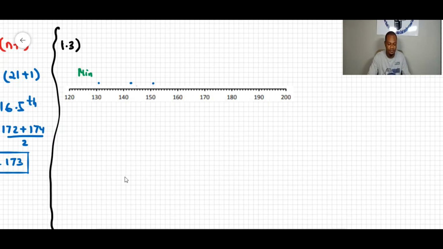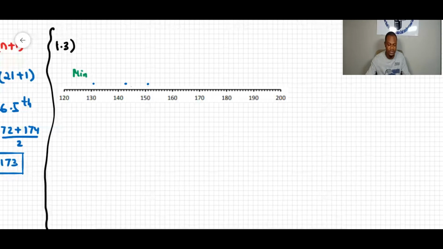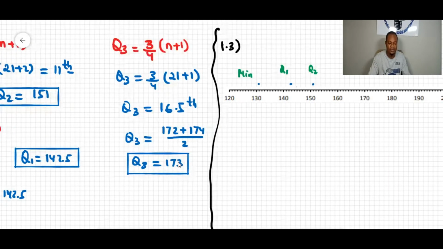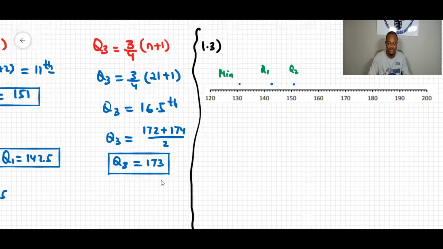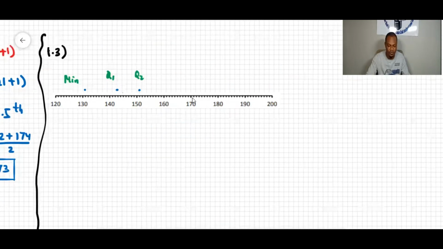And then I know that this was my Q1, and then this was my Q2, the median, and then Q3, as we calculated, was 173. So 173 must be somewhere over here, 171, 172, 173 there.